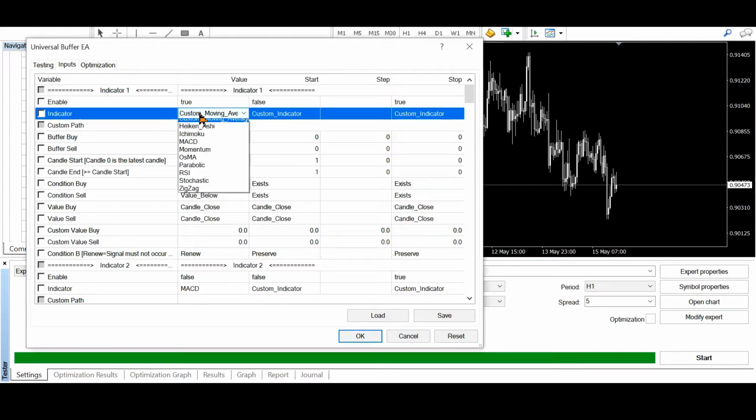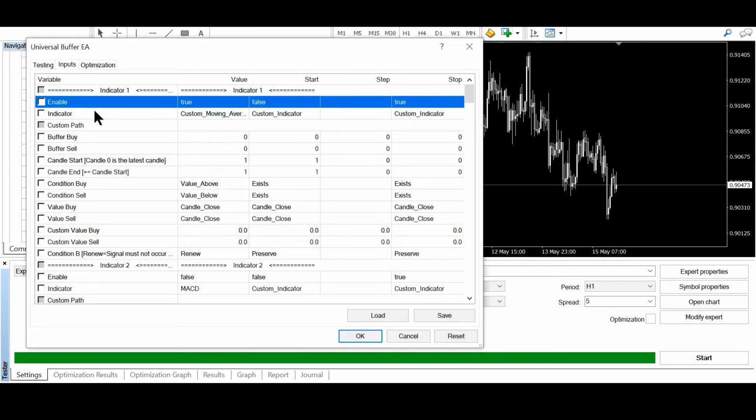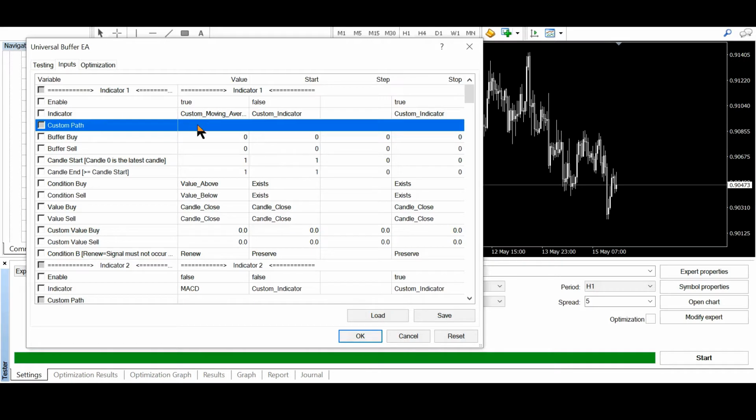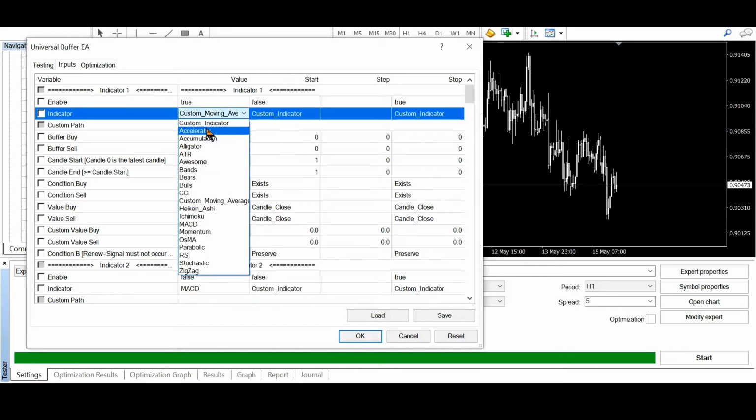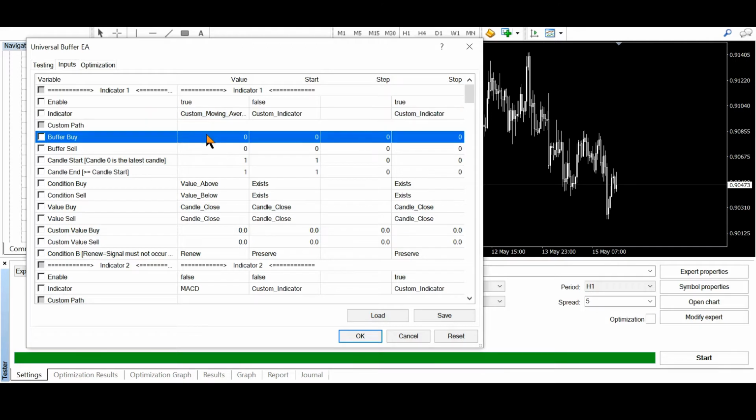This is the custom moving average, and we enable it here. Custom path can be empty because this only matters if you select a custom indicator. But now we want to test the moving average.